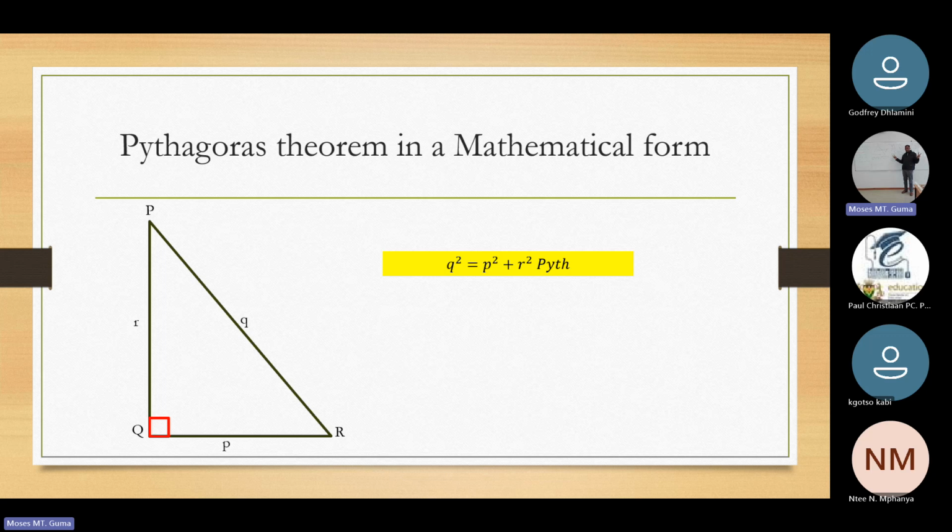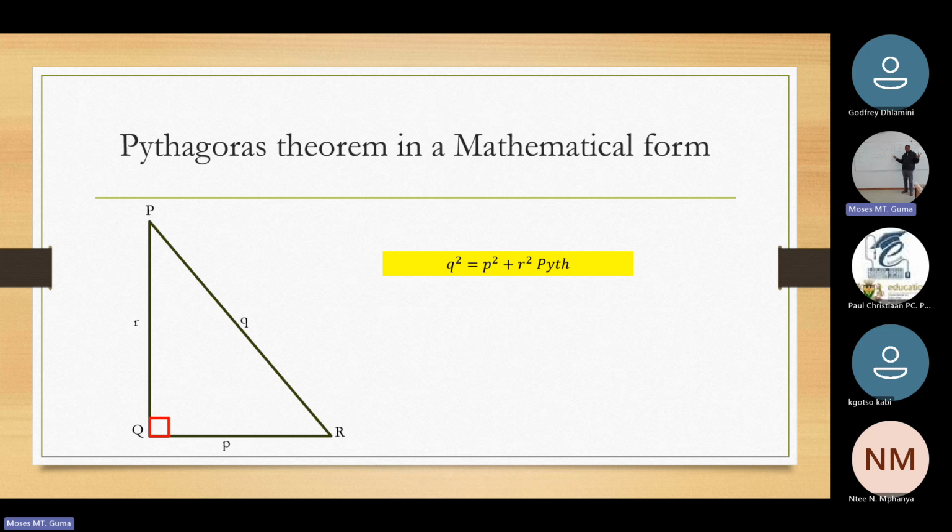Now, let us look at this triangle. If I tell you that the side PR has the length small q units, and the side QR has the length small p units, then small q units is the side which is opposite the 90 degrees angle.